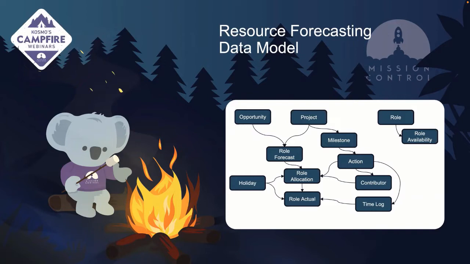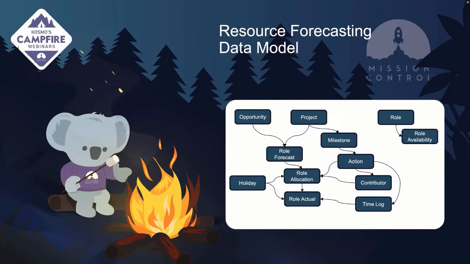Previously, before that object, we would be using the role utilization page that exists in Mission Control, and that would pull together the data from these objects. But you were never really able to create your own custom reports. By bringing in this role actual object, what it does is take a copy of the time log record and a copy of the holiday record, and creates those.